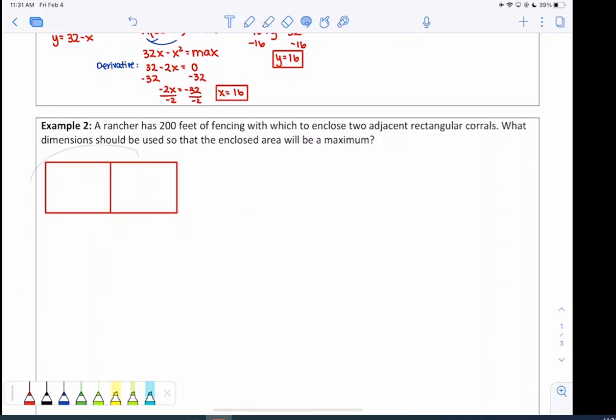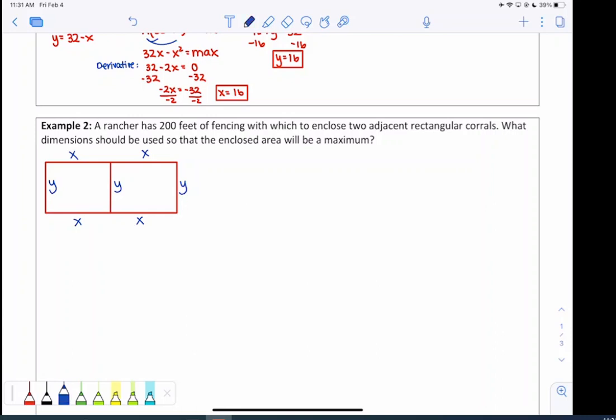Now, I don't know how long all of these sides are going to be, so we can label them with variables. I know all of these are the same: x, x, x, x. And I can use y for my vertical lengths. All of those vertical lengths are the same, and all of those horizontal lengths are the same.